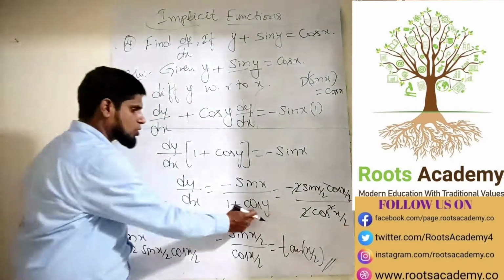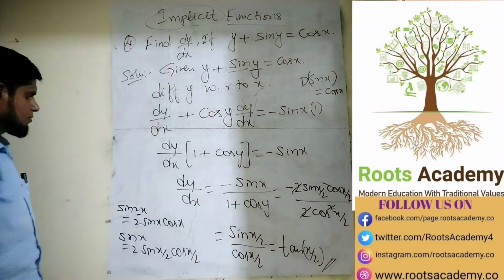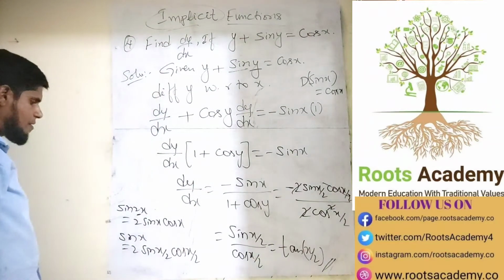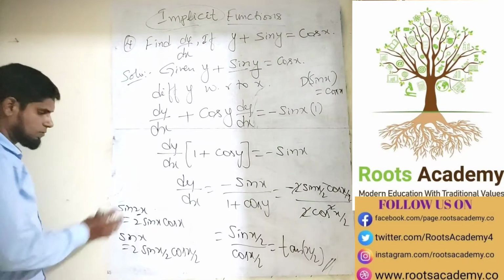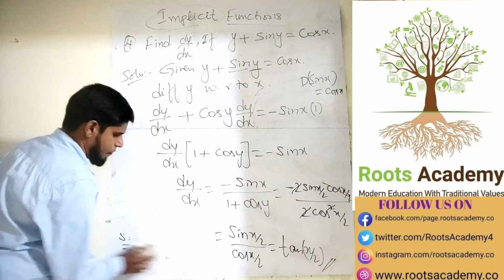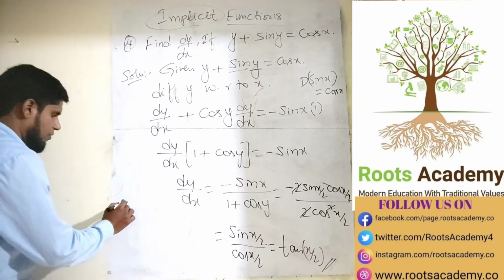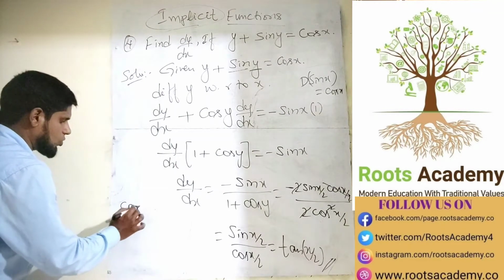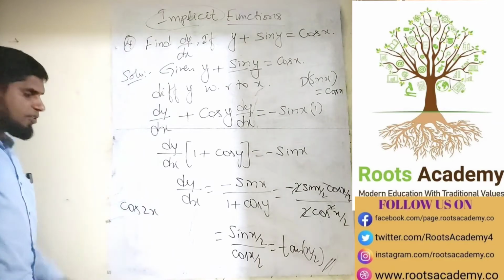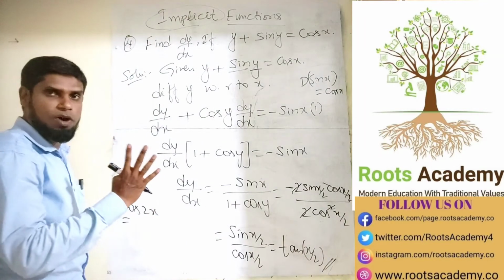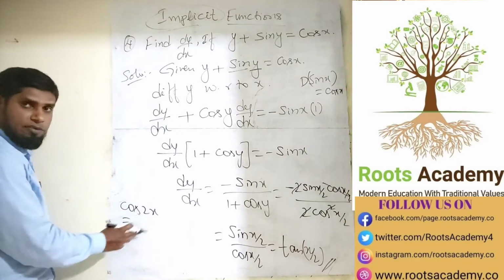And next, 1 plus cos y. I've taken cos 2x, second formula, because cos 2x has totally 4 formulas, and I am taking the second one.